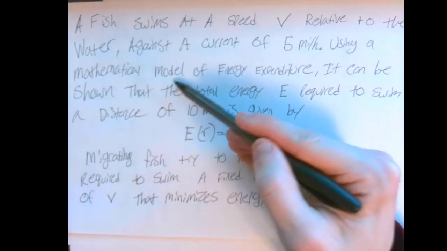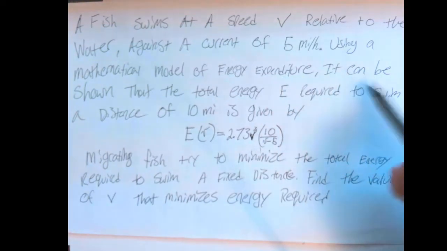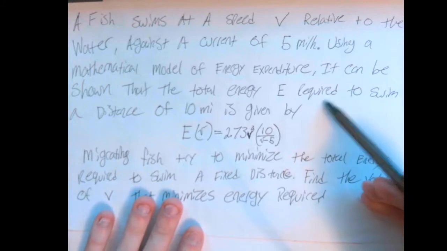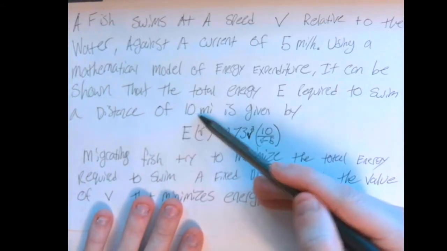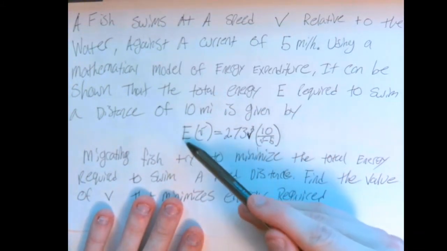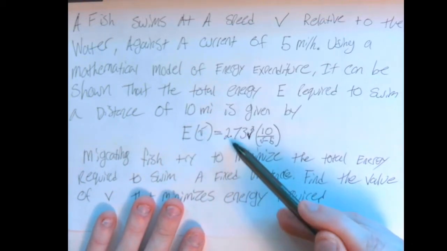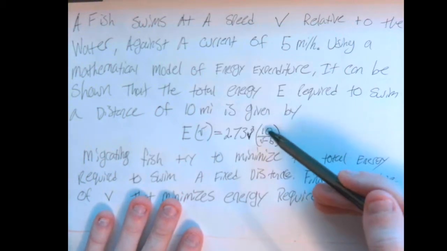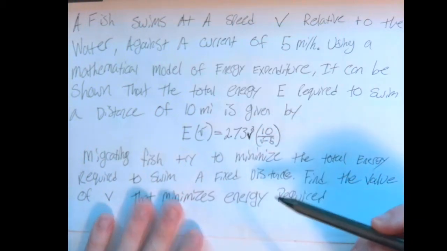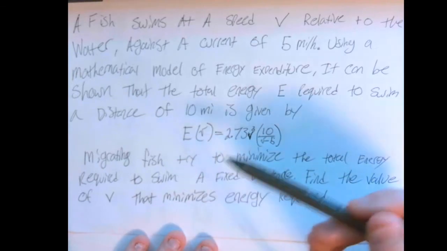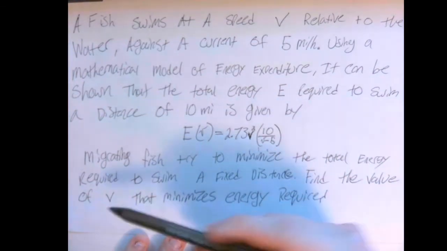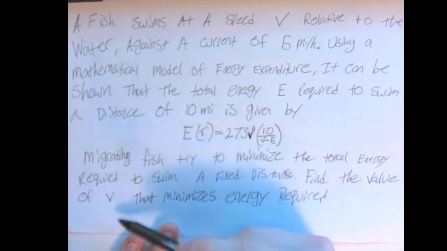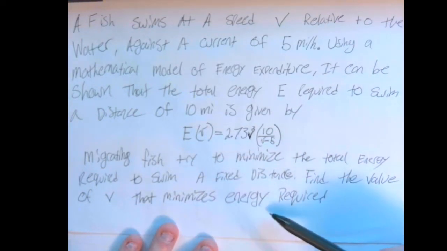Using a mathematical model of energy expenditure, it can be shown that the total energy, E, required to swim a distance of 10 miles is given by the function E of v equals 2.73 v cubed times 10 over v minus 5. Migrating fish try to minimize the total energy required to swim a fixed distance. Find the value of v that minimizes energy required.